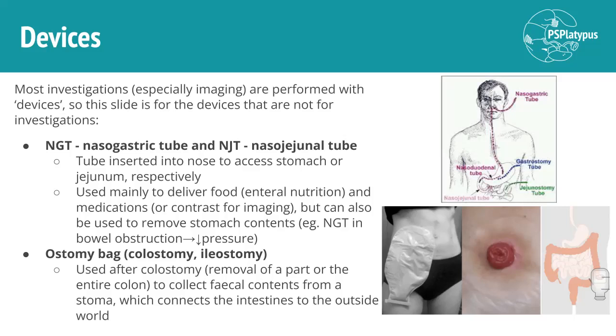And so basically what you do is you create a surgical opening called a stoma, an artificial stoma, that is communicating between your gastrointestinal tract and the outside world. And you have that attachment, as you can see in the middle, the bottom image there. And then you can attach bags to it, and that collects the fecal contents.